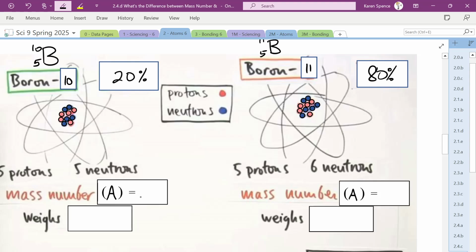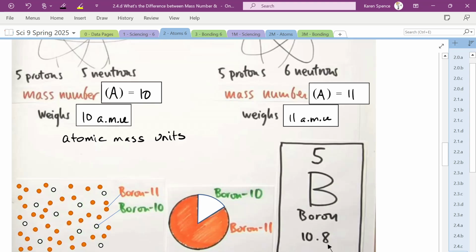Okay, so our mass number here is 10. Our mass number here is 11. So boron 10 weighs 10 what's? AMU. What does AMU stand for? Atomic mass units. And boron 11 weighs 11 AMU.